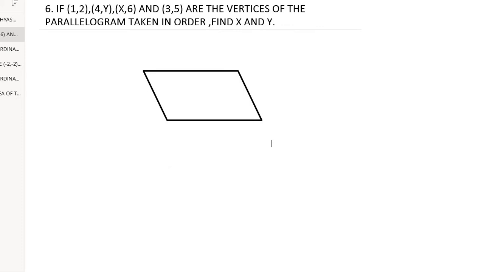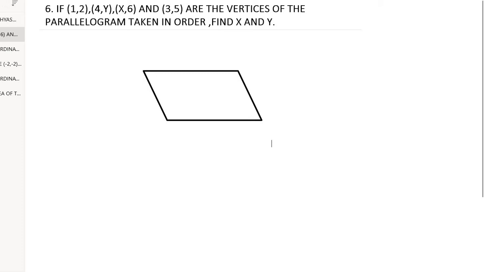Today we are going to see coordinate geometry. The given question: if (1, 2), (4, y), (x, 6) and (3, 5) are the vertices of a parallelogram taken in order, find x and y.